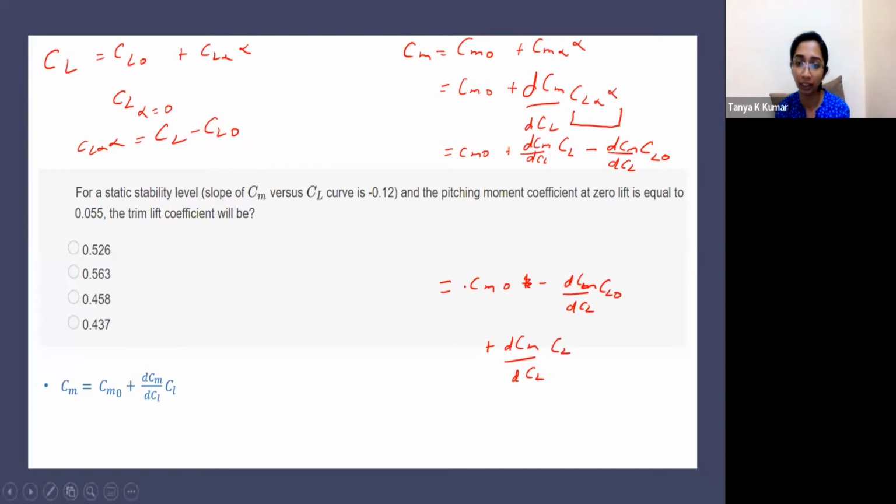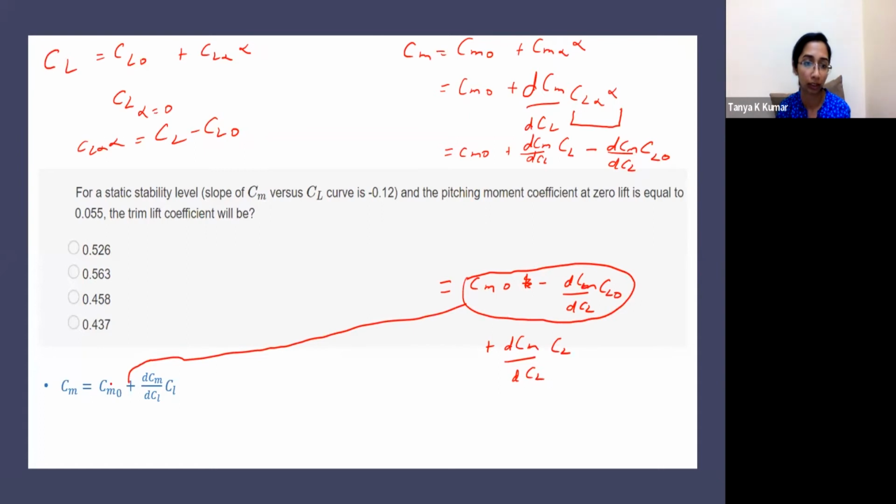Now, this entire term is the CM naught in this equation. This CM naught is CM at lift equal to 0. Is that clear? This CM naught is at alpha equal to 0, and this is at lift equal to 0. I'm not sure who asked me that question, but is it clear now?